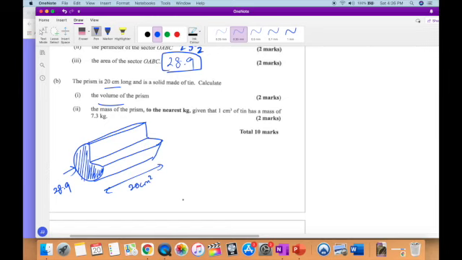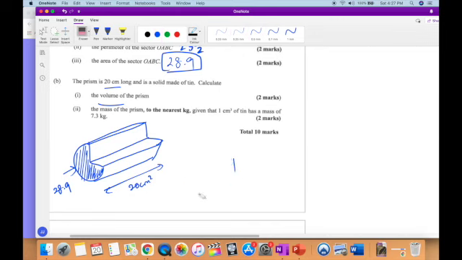And remember what I told you. Apart from a couple of very special shapes, like a pyramid and a sphere, which you'll hardly get, once you're dealing with anything cylindrical, in order to find the volume, you just literally take the area of the base and multiply it by the height.